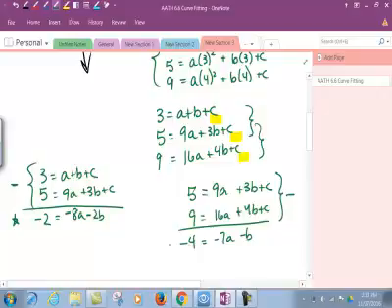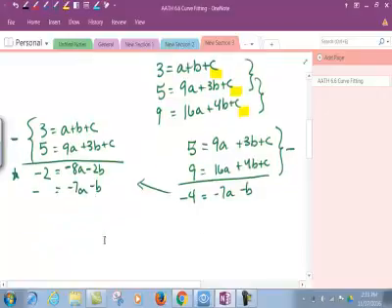All right, so now I'm going to just bring this one over here, line it up. Negative 4 equals negative 7a minus b. And I hope that you recognize this as now simply two equations with 2 variables, and we need to combine them so that either the a or the b drops out.